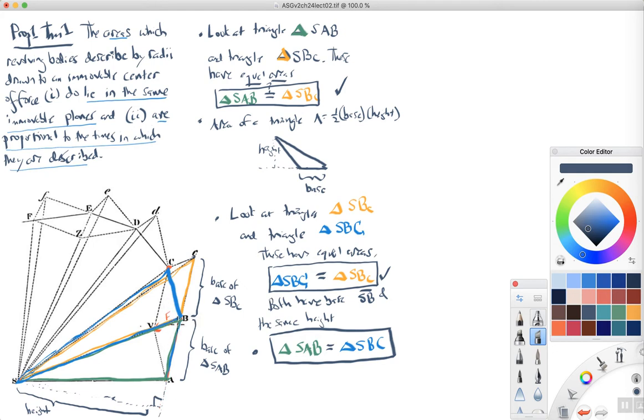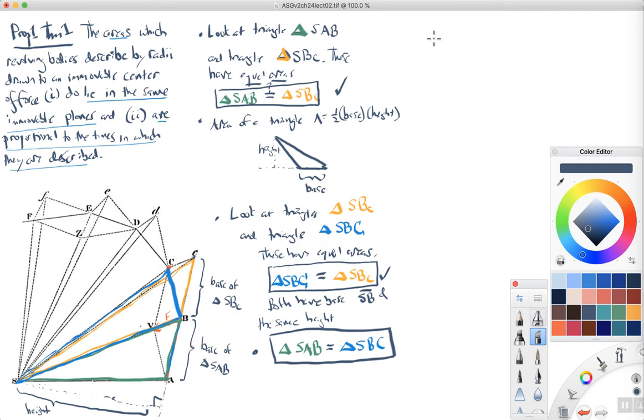So when we apply this force, it changes the trajectory of the ball, but the area that is swept out between point S and the trajectory of the ball, that area of that triangle, is the same as it was in an earlier time interval.